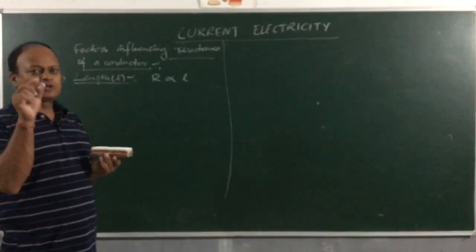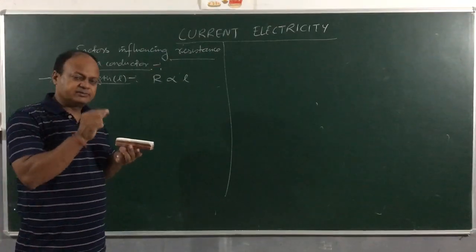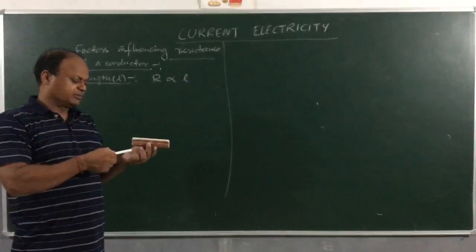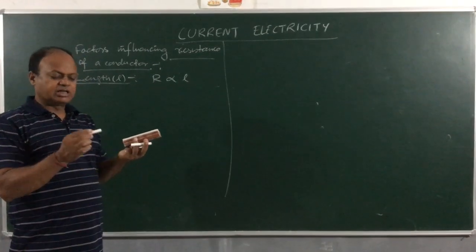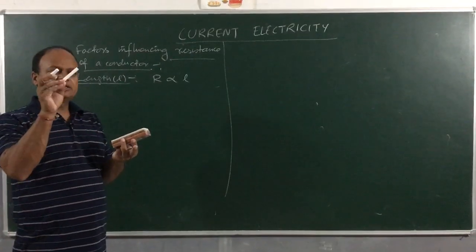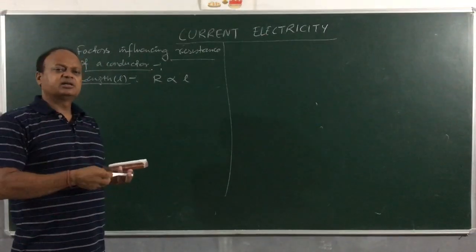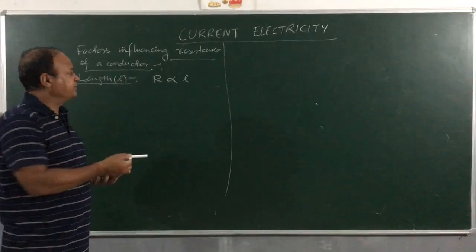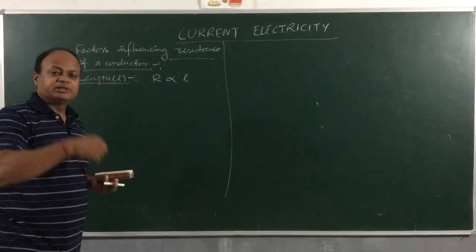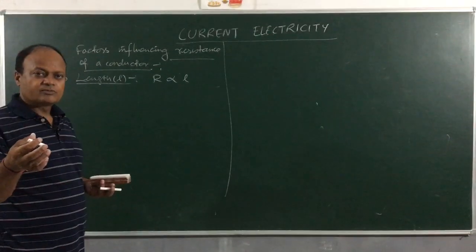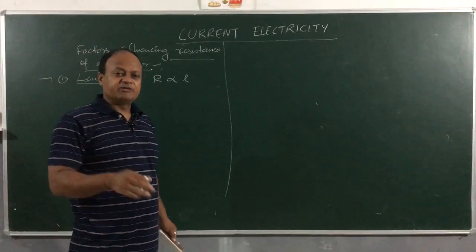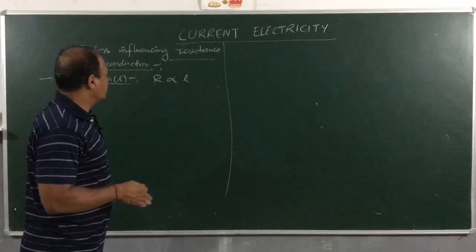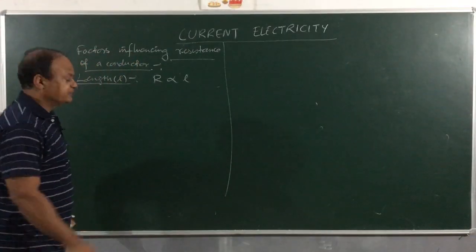For example, if I take two wires which are equally thick, but this wire is longer than this wire, the second wire, which is longer, will have more resistance. If I double the length, the resistance will be doubled. If I make the length half, the resistance will become half.